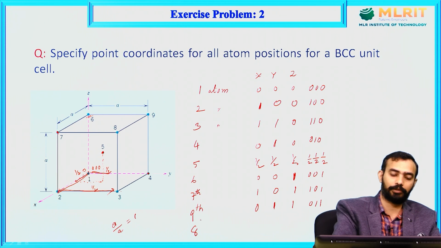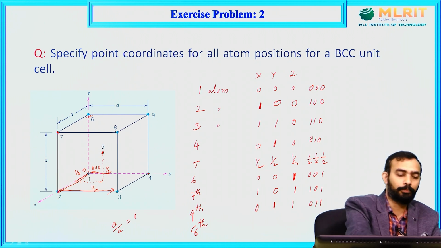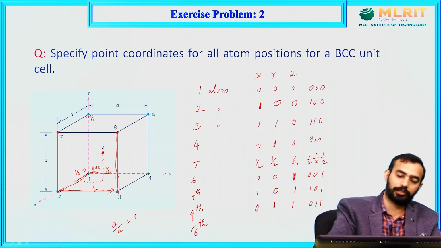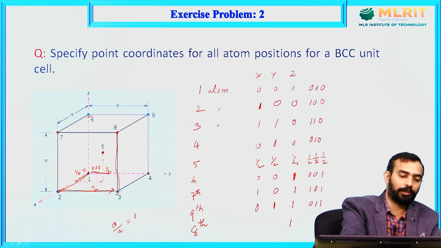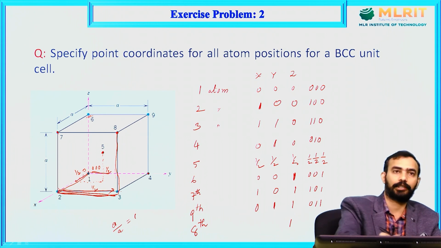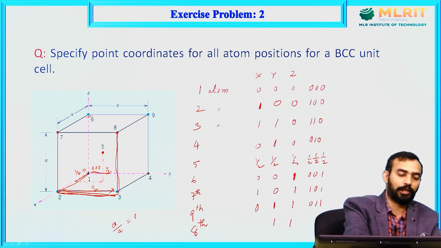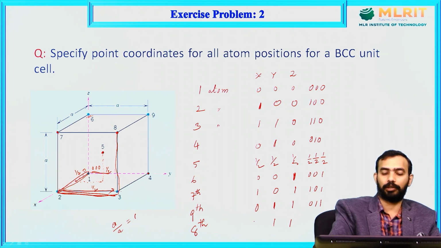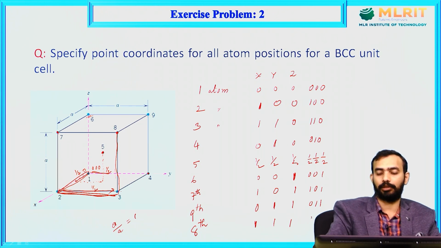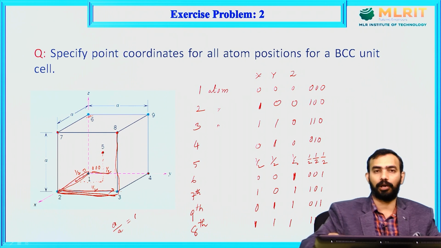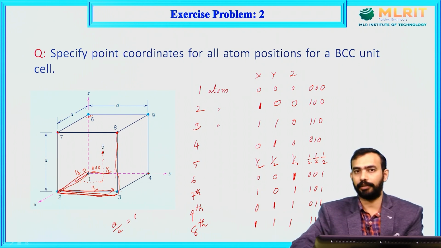Now at the end we will see the 8th point. For going to point 8, we have to move by 1 complete unit in the x direction, a complete movement in the y direction, and a complete movement in the z direction. So the point coordinates will become 1, 1, 1, right?